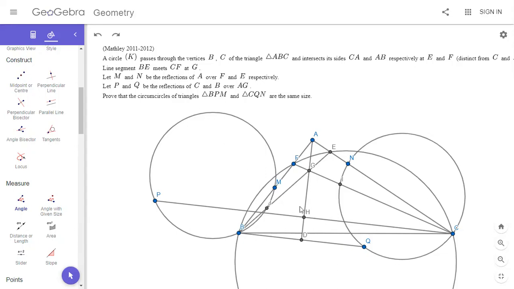All right. So we know AP equals AC and GP equals GC.